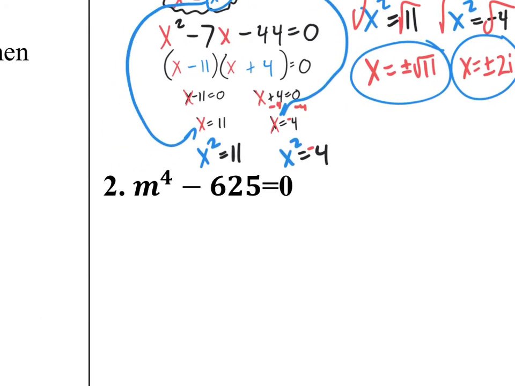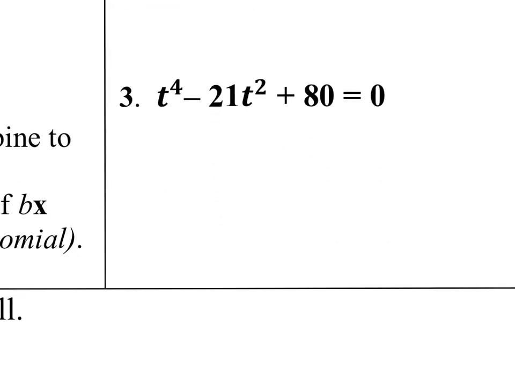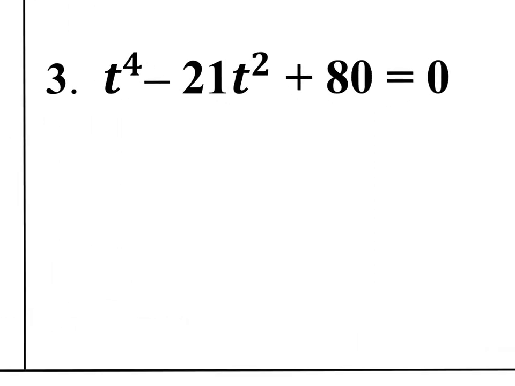In order to really understand this process, we're going to do another one. So please copy this one down. And again, it would be nice if I could change this to a quadratic so I could factor, split, and solve. And that's what we're going to do, okay?